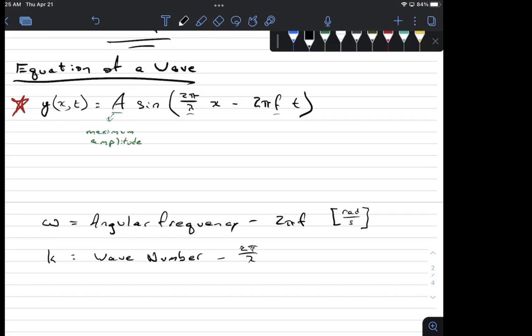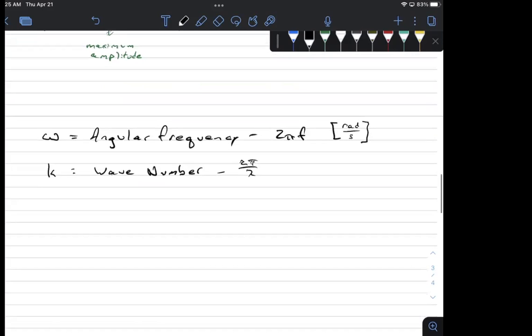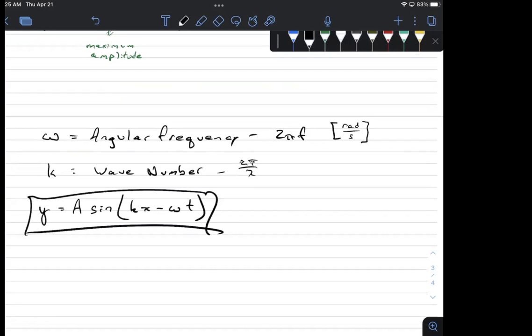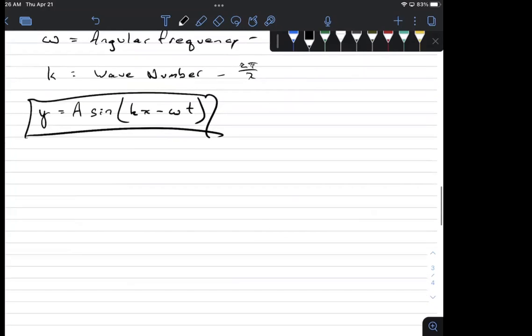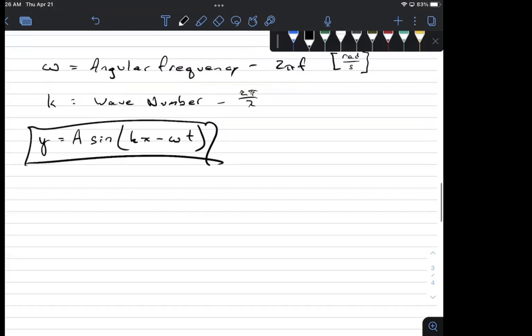And so by making these substitutions, by creating these new symbols, now our equation looks a lot prettier. y equals A sine of kx minus omega t. Much easier to remember. You don't have all those 2 pi's all over the place. It just looks nicer. It's the same thing, just written like this, it's easier on the eyes.